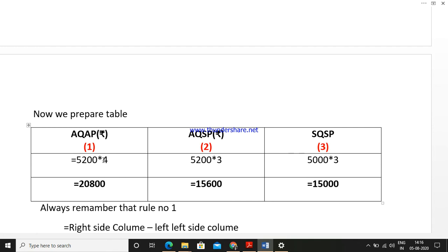Column number 3 indicates standard quantity standard price, where standard quantity is 5000, standard price is rupees 3, multiplication of it is 15000.